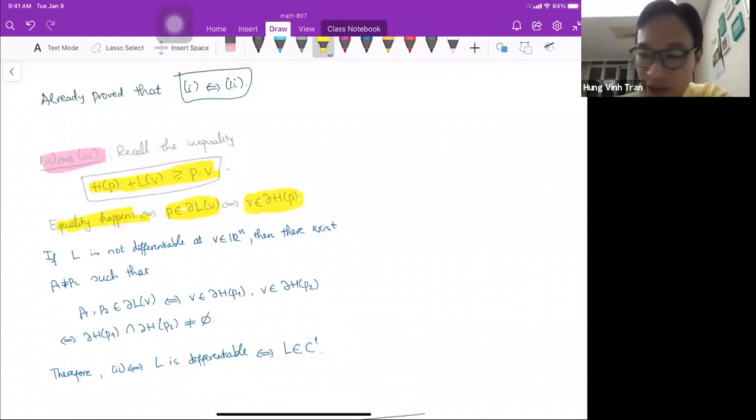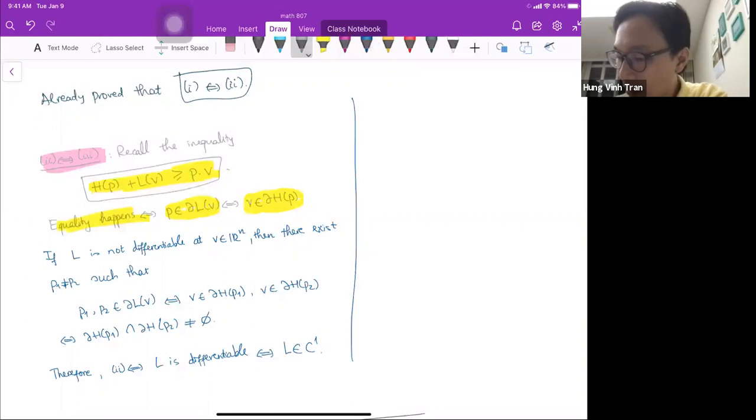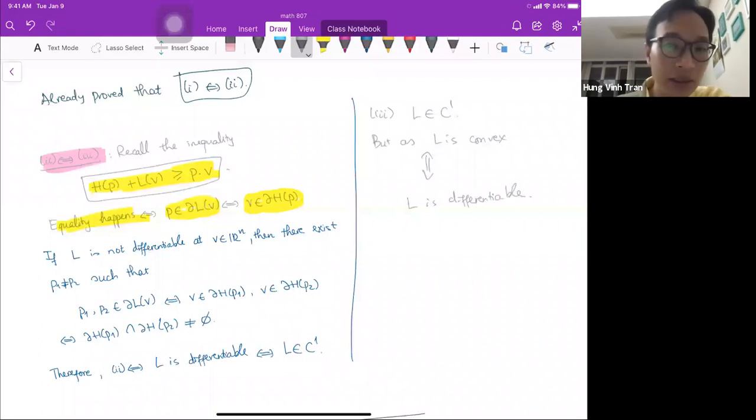so that's natural, and the other thing I need to say is that 3 is exactly saying that L is in C1, but as L is convex, this is equivalent to just showing that L is differentiable, right? Exactly the preparation step that we did earlier. We just need to prove that L is differentiable.